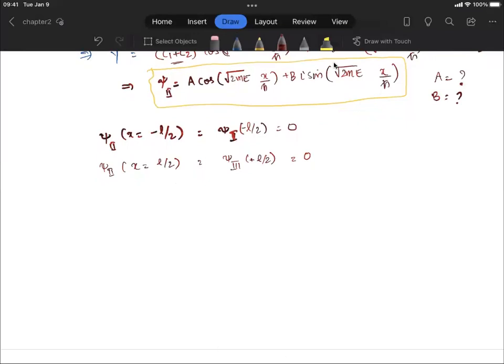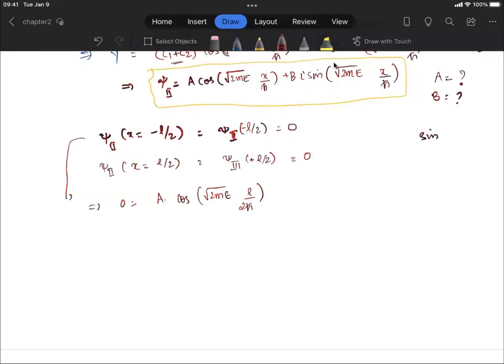Now let's plug in the values here and see what happens. So 0 would be, when x equals negative L over 2, it's going to be a cos. Cos of negative theta is just cos theta. So when you plug in x to be negative L over 2, you'll still have just cos of the positive value. I'm just not going to write that negative there.